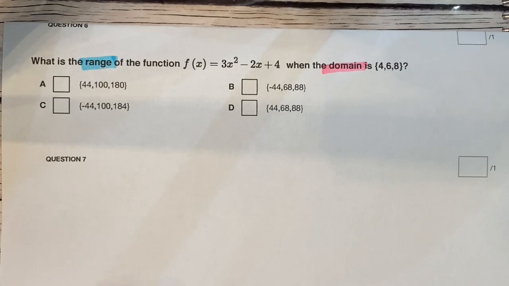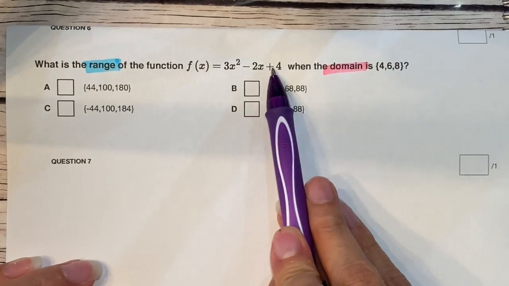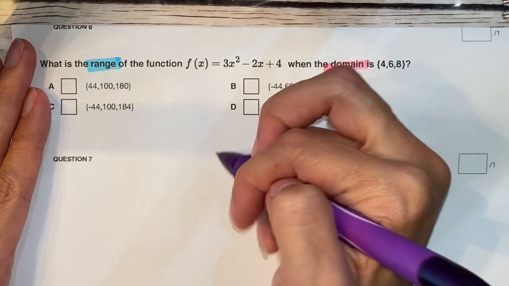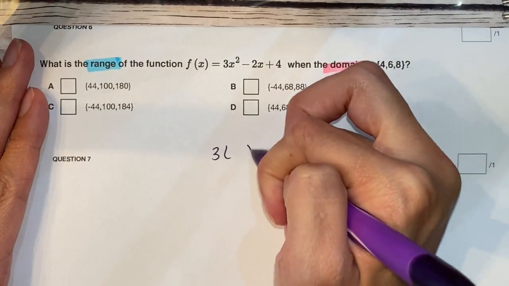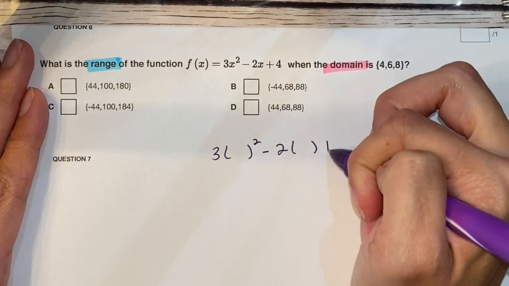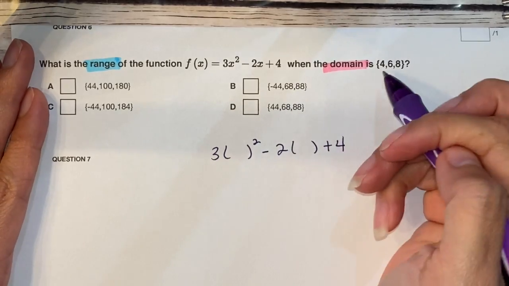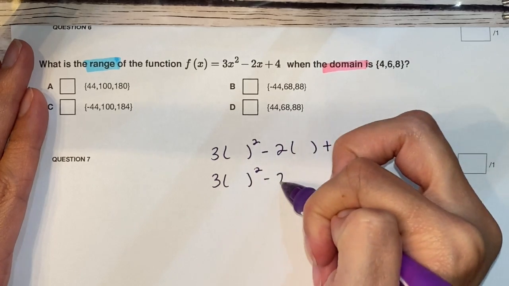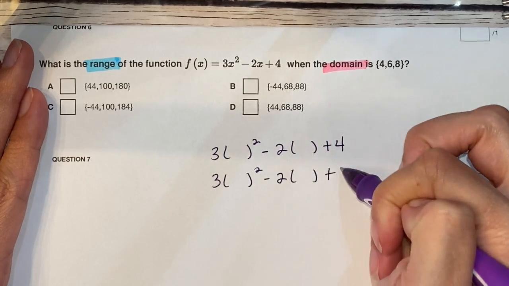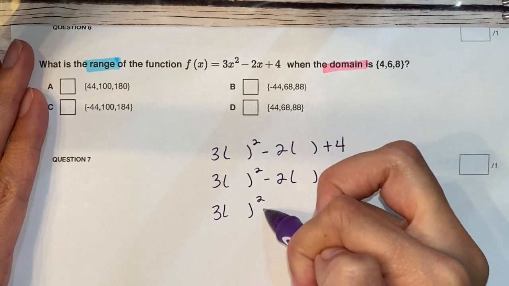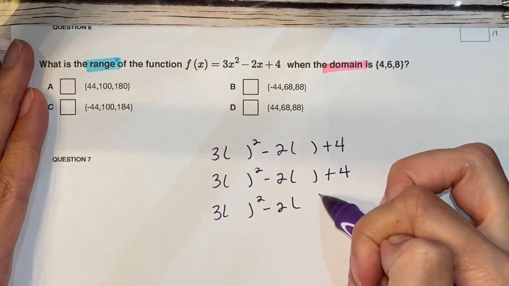So we are inputting these into here and getting an output. I always just start by doing parentheses for all the x's. This way I can see what I have. And I have 3 different inputs, so I'm going to do this 3 times. The reason I do this is just to make sure that I'm inputting the correct x every single time.